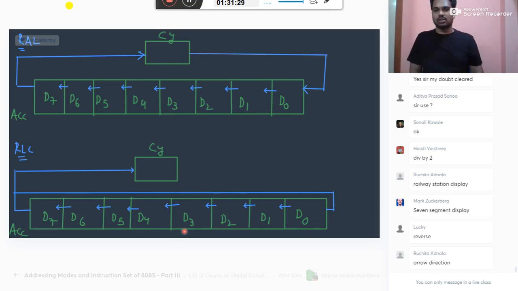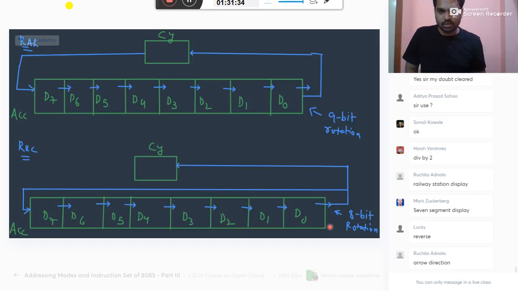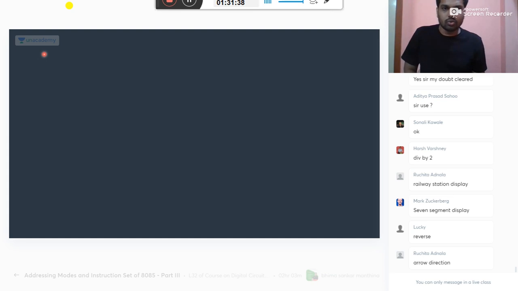So let us see. Instead of moving every bit, I will give you an easy way. So 25 means 2 and 5, and carry is how much? 0.